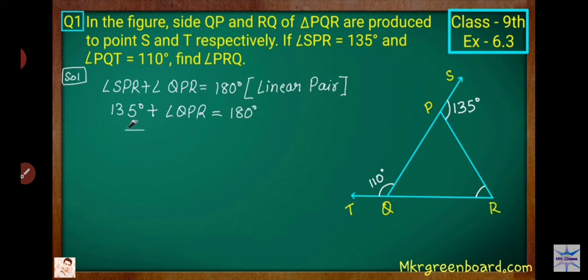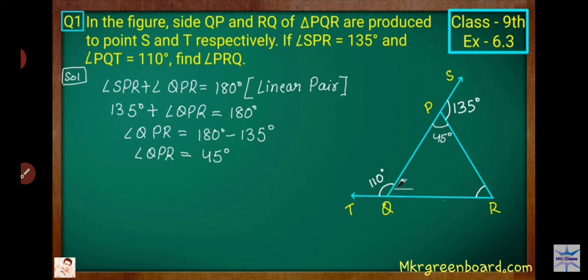So angle QPR is equal to 180 minus 135, because in the LHS 135 has a positive sign, so in the RHS it becomes negative. Transposing. So QPR is equal to 45 degrees.